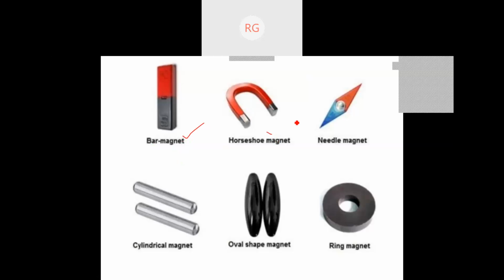This is a horseshoe magnet, and these are the magnetic needles which we have shown in deflection magnetometers. Cylindrical and oval shaped magnets are used for various purposes, and ring magnets are also used in magnetic levitation demos. You already know all this.